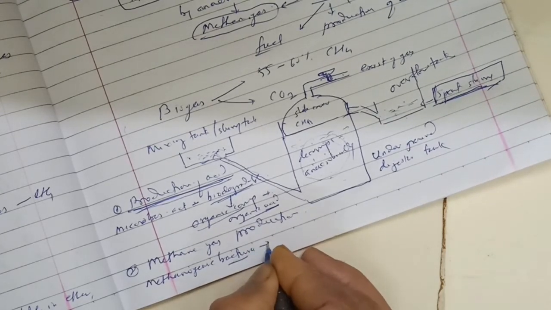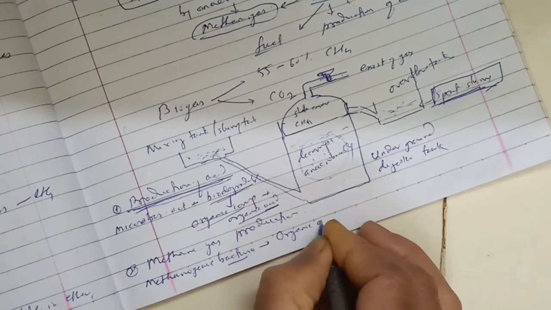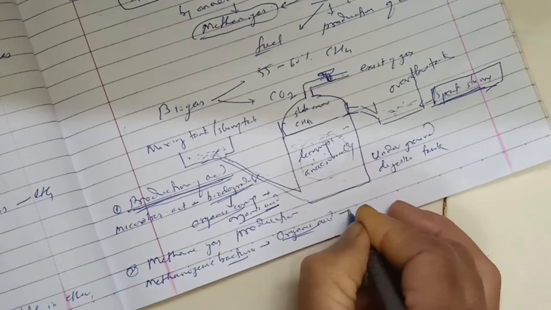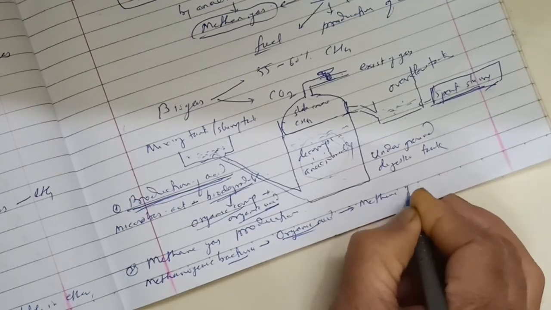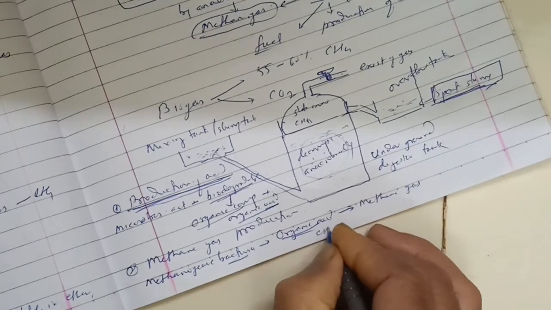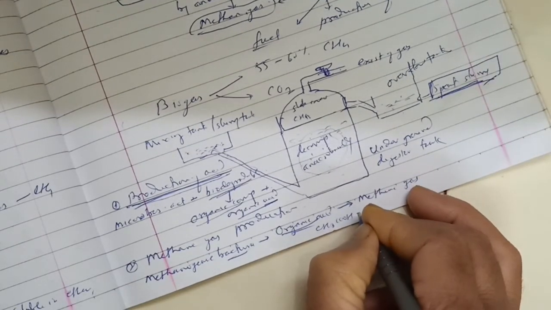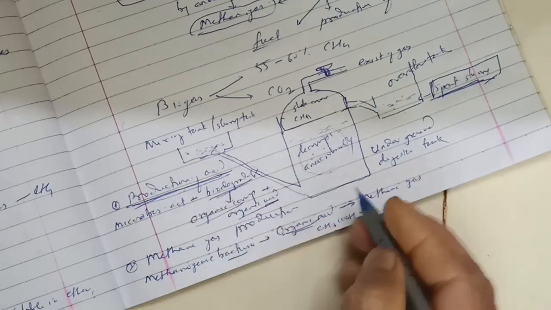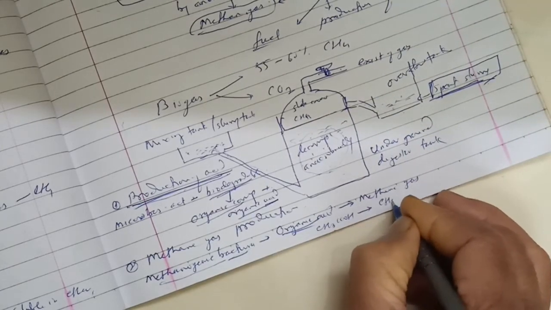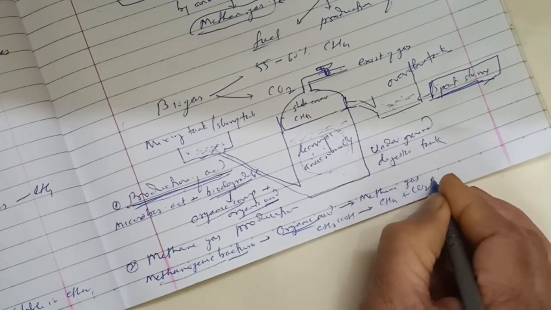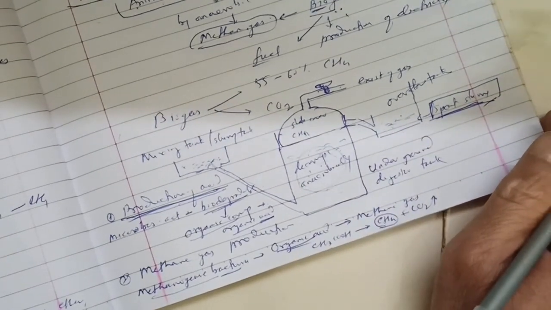These bacteria act on the organic acid and convert it into methane gas. CH3COOH, acetic acid, is produced in the first stage. From it, by methanogenic bacteria, methane gas and carbon dioxide gas are produced. This methane gas is then used as a fuel in our day-to-day life.